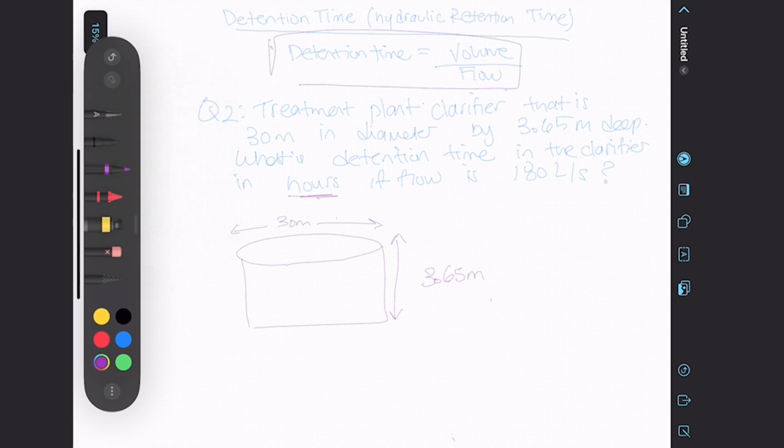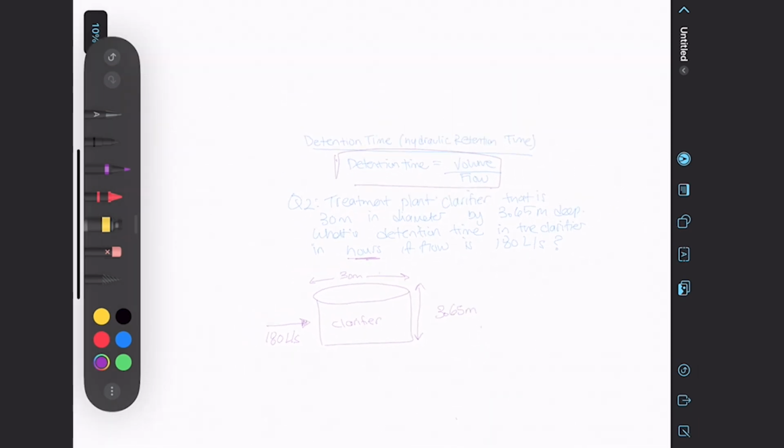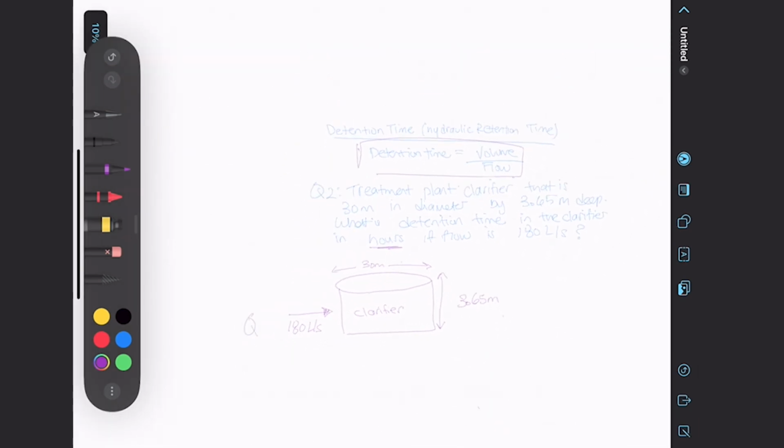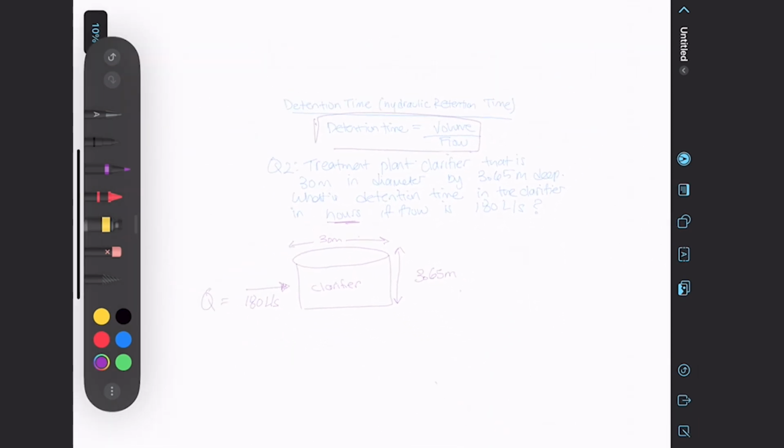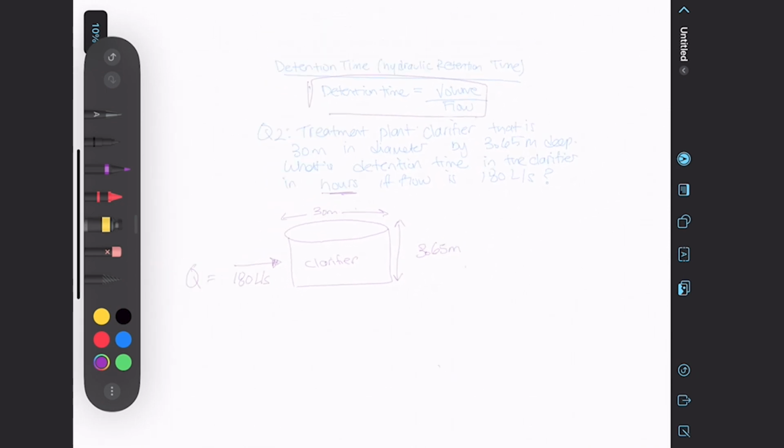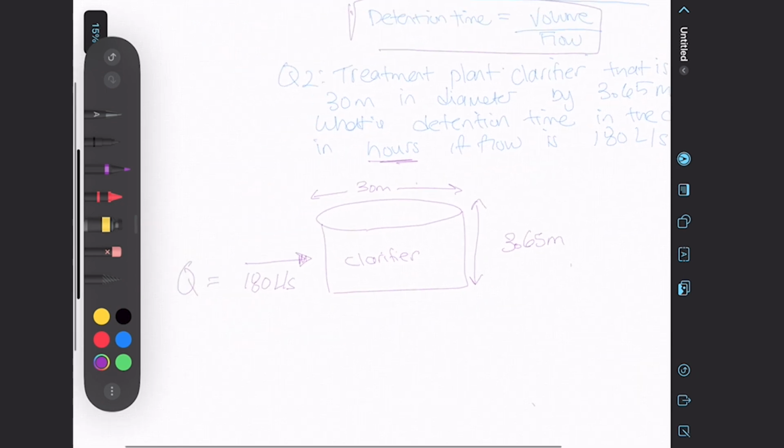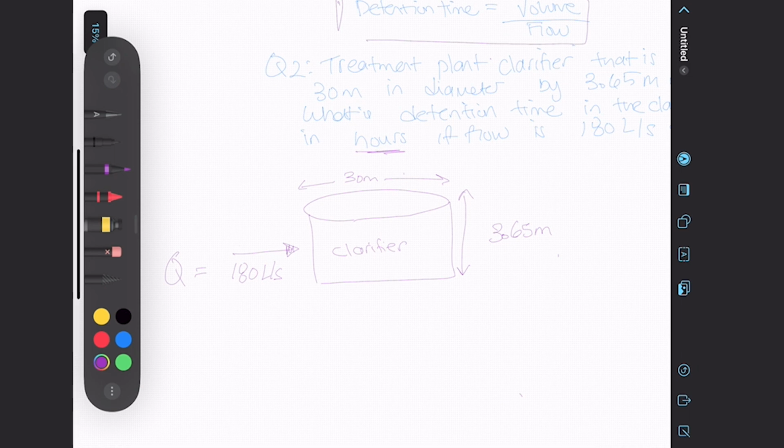All right, so we're told that we have this clarifier, we're given the dimensions, and we're told that we have a flow into the clarifier. So we have a flow, and it is at 180 liters per second. If you remember, the representation for flow is Q. You can watch one of our other videos where we do more in-depth problems around flow.